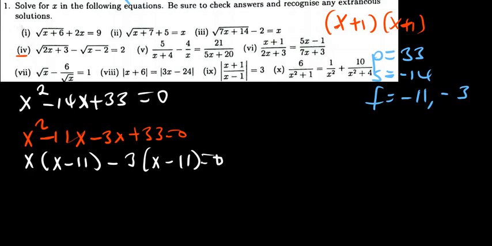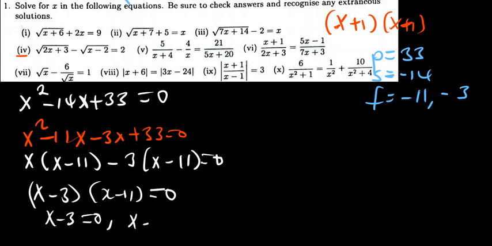My solutions will be like that. x minus 3 is equal to 0, x minus 11 is equal to 0. Meaning if I shift 3 to the other side, I'll have x is equal to 3, another one will be x is equal to 11.